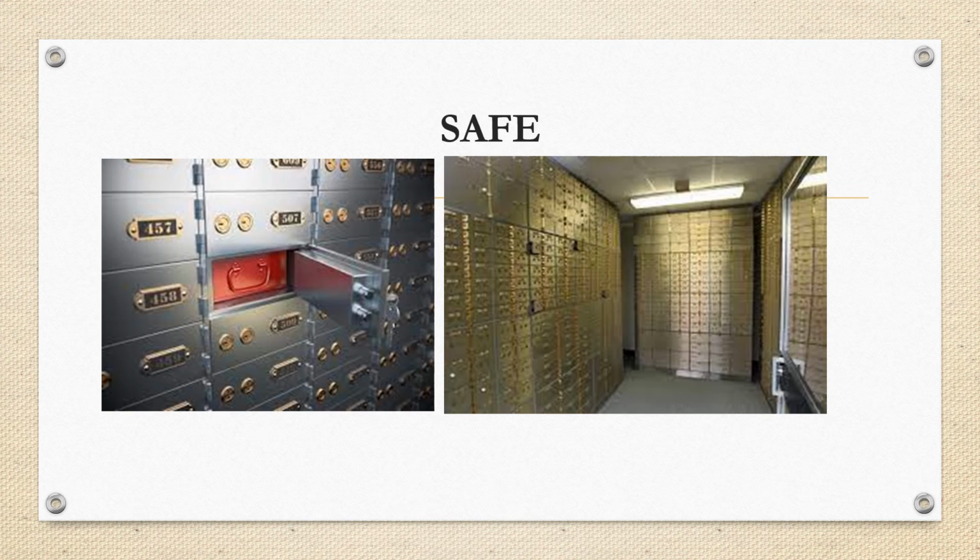One, we have safe. Safe is a metallic container used for the safekeeping of documents or small items in an office or installation. Safe can be classified as either robbery or burglary resistant depending upon the use and need.